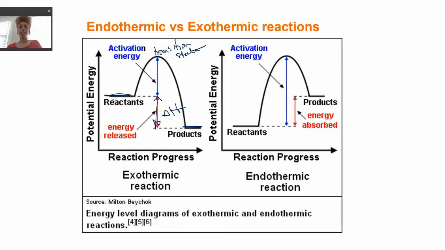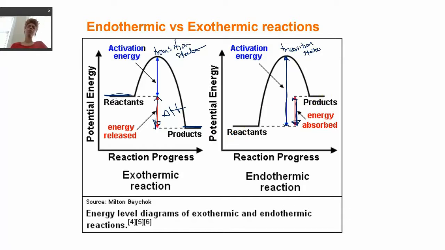Whereas looking at an energy diagram for our endothermic reaction, notice that our activation energy goes all the way from our reactants all the way up to our transition state, and the energy that is absorbed by our reaction is found here between our reactants and products.